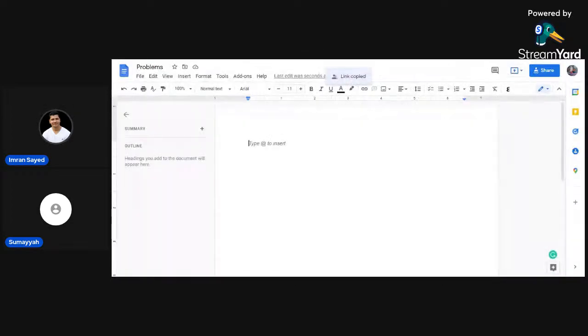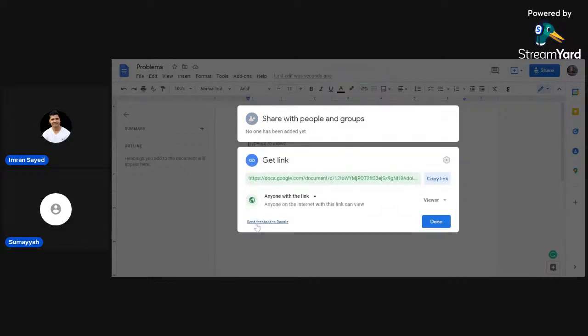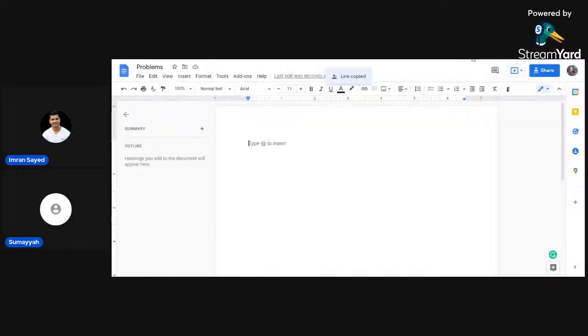It will not allow me to paste. Click on share again. Change viewer to editor on the right hand side. Yeah, okay. Now copy the link. Private chat. Yeah.